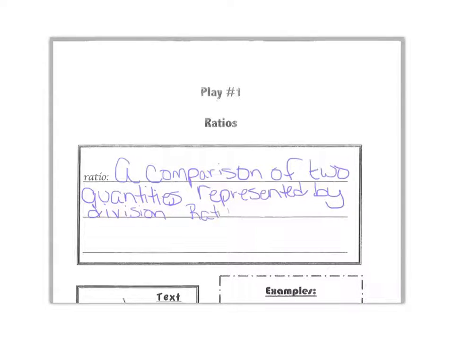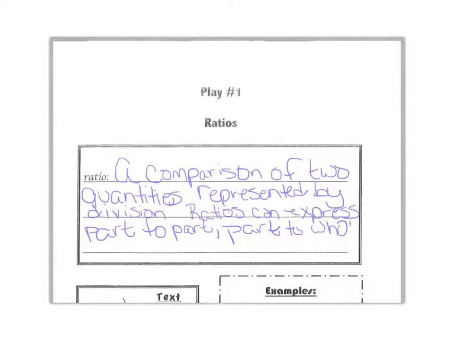Ratios can express part-to-part relationships, part to whole, or whole to part relationships.